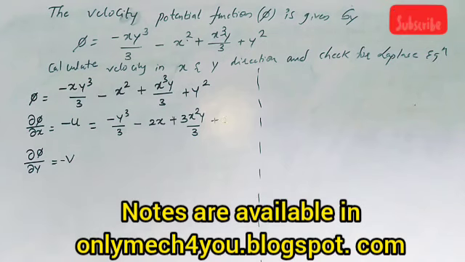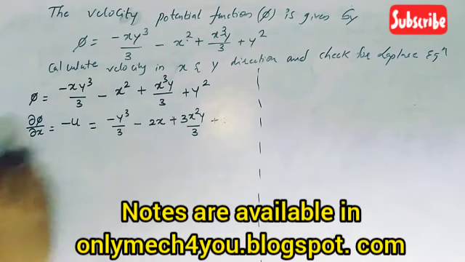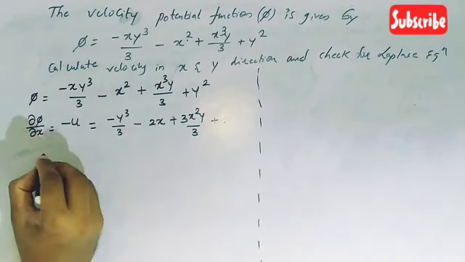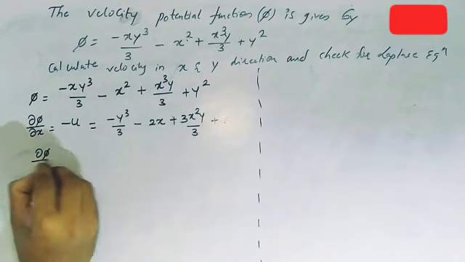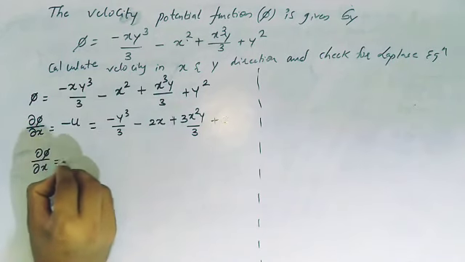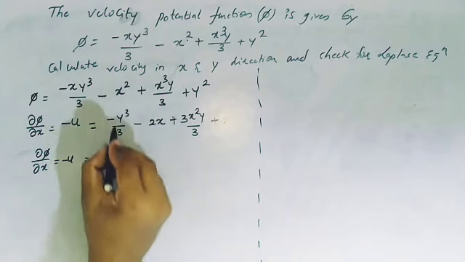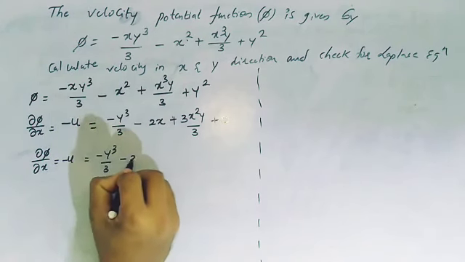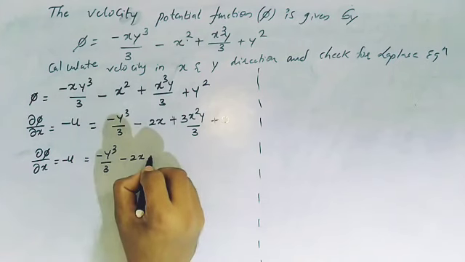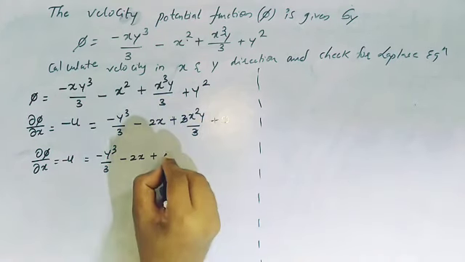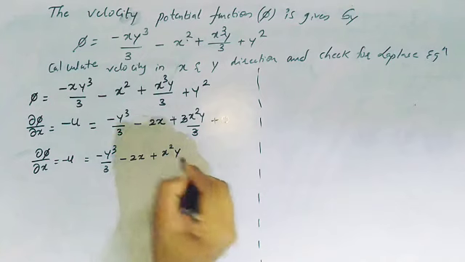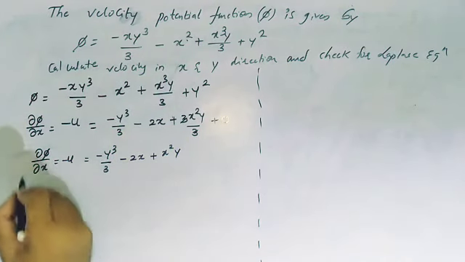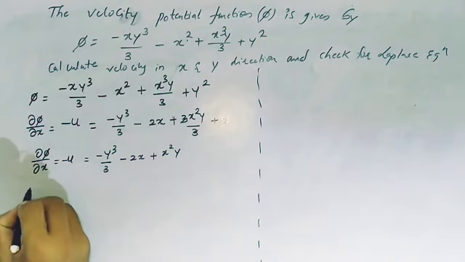Now dou phi by dou x equals minus u, so I will write minus y cube by 3 minus 2x plus, this 3 and this 3 get cancelled, so it will be x square y. This is our dou phi by dou x.